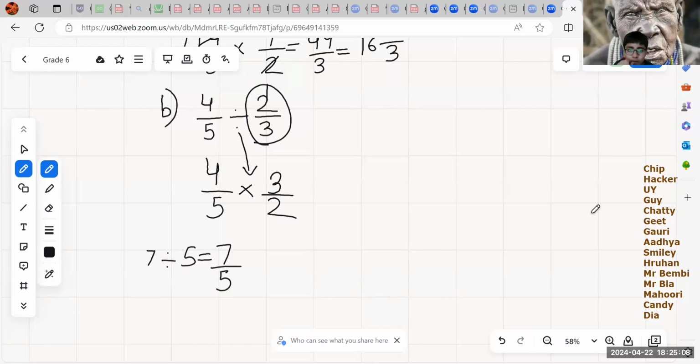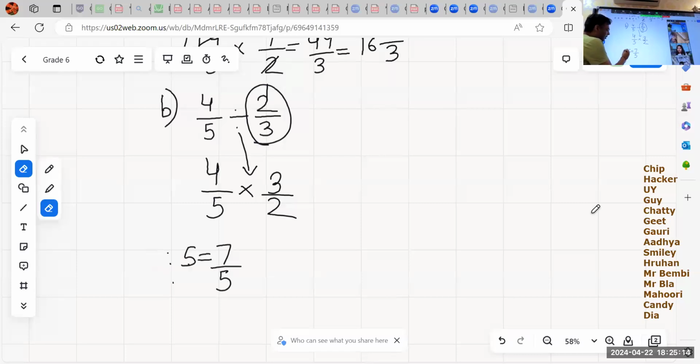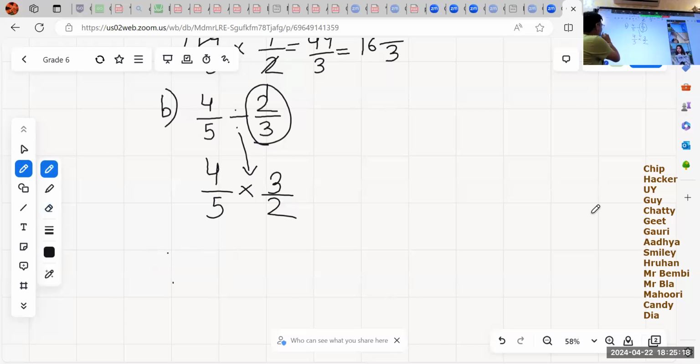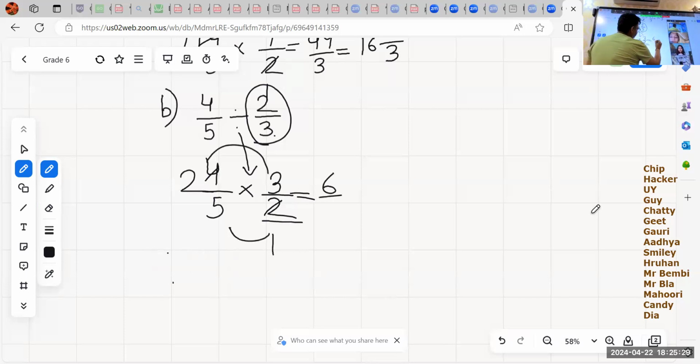Yes, sir, because you change divide to multiply and take the reciprocal of 5. So in the same way here we will take the reciprocal of 2 by 3, which is 3 by 2. I will simply multiply now: 2 into 3 is 6 and 5 into 1 is 5.